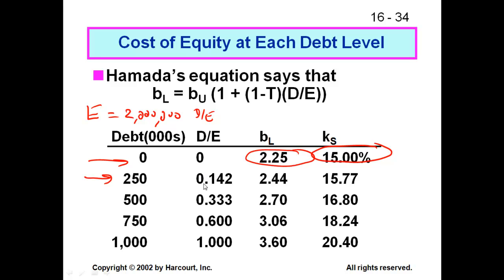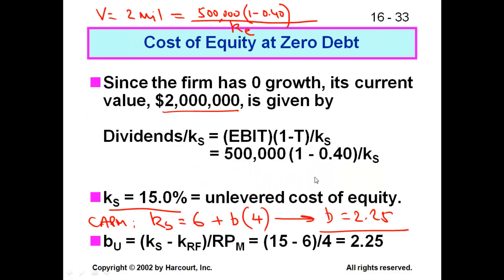What I want you to do is do your calculation and see where this number came from, see where this number came from, and see where this number came from. So do these calculations. I'll just show you the previous slide real quick.